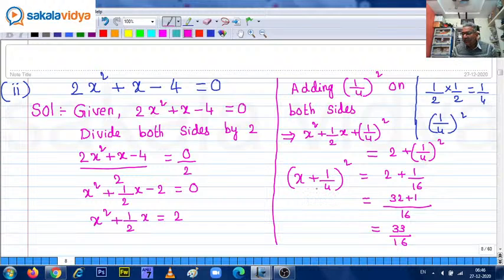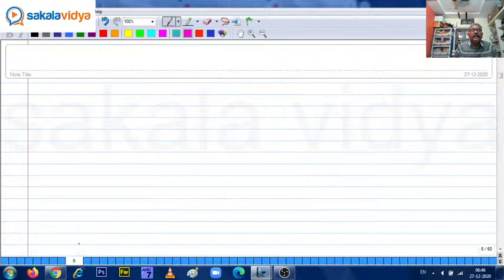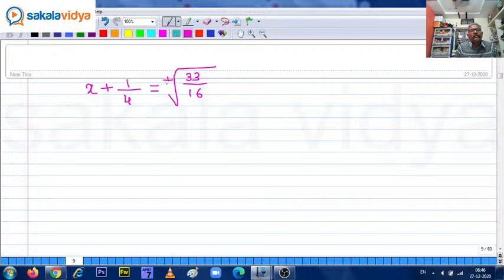Now we are going to find out x plus 1 upon 4. So x plus 1 upon 4 equals to root over 33 upon 16. This will be plus or minus. Equal to plus or minus root 33. 33 is not a perfect square, so keep root as it is, root 33 itself only.